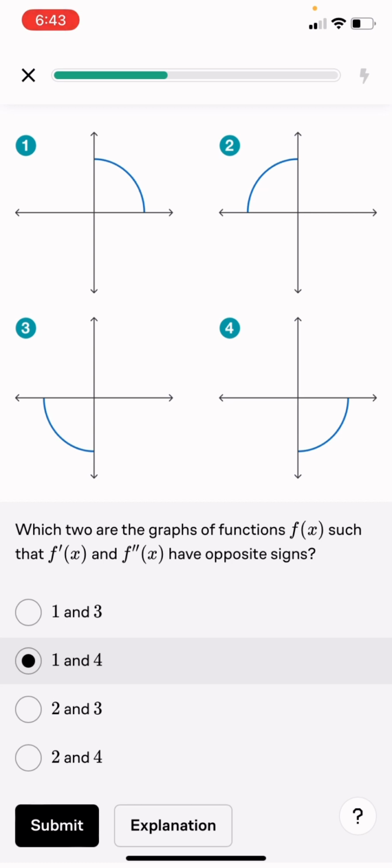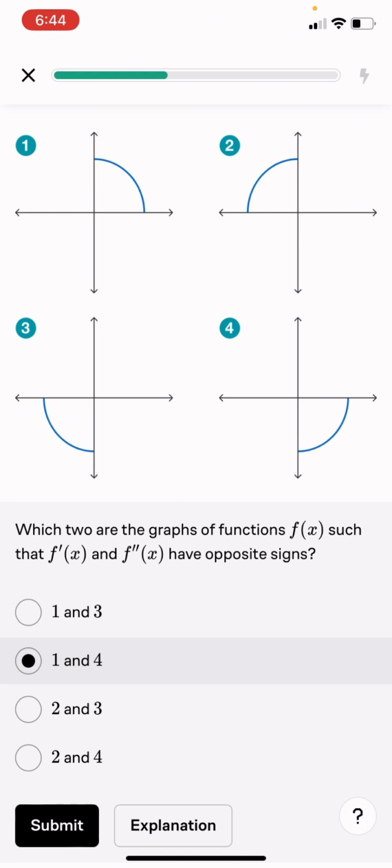It's either 1 and 4. I don't know which one would be best though. I'm trying to think based on the positive and negative areas of a graph.